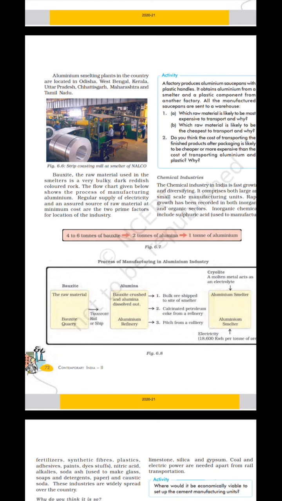Calcinated petroleum coke from a refinery, pitch from a colliery. Cryolite, a molten metal, acts as an electrolyte. Aluminium smelter: electricity 18,600 per ton of ore.